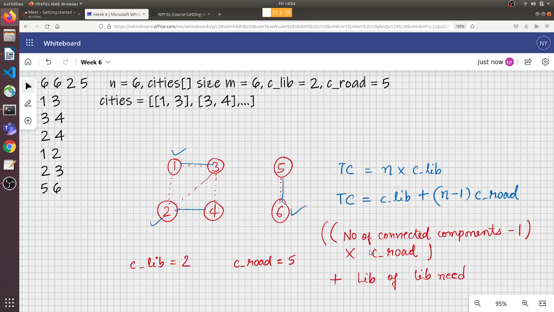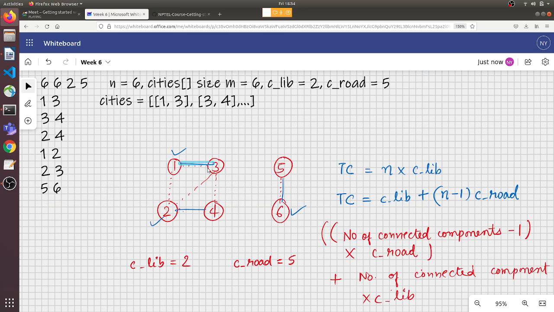So how will you write that? That will be the number of connected components, that many libraries you'll need, right, times cost of library. Maybe less, like if a connected component already has a library, then we don't need any additional library. No. What's a connected component?